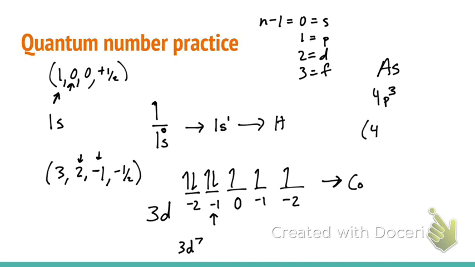It's 4. P is 1, and then it's 3. The 4p has 3 orbitals, so 4p3 is up, up, up. Let's label each one. Remember, you start middle 0, -1, +1. So then this third electron is in the +1, and it has an up spin.